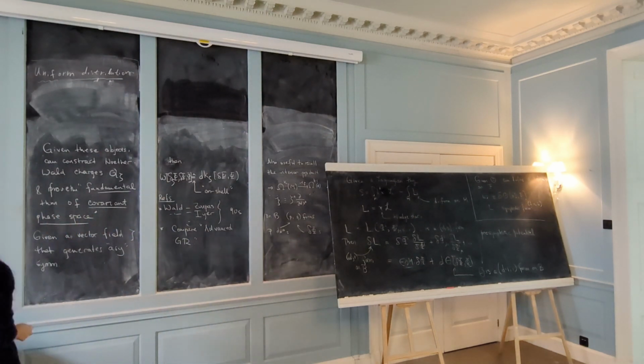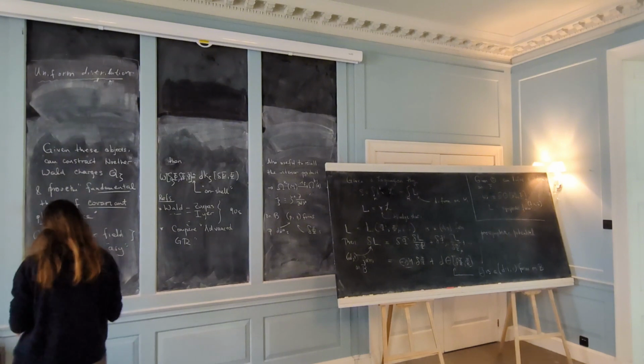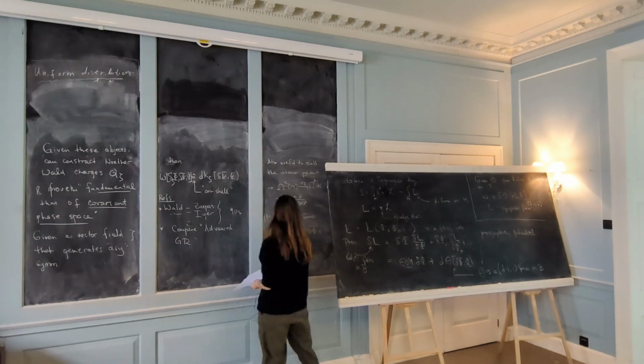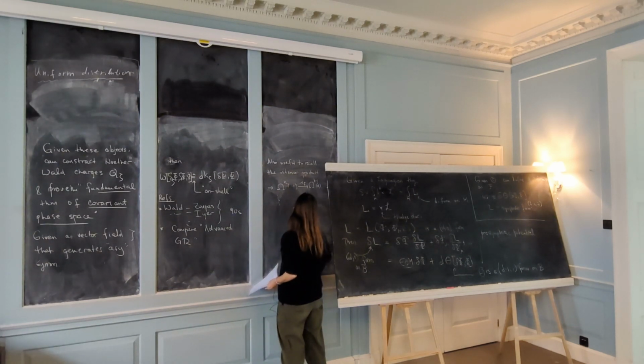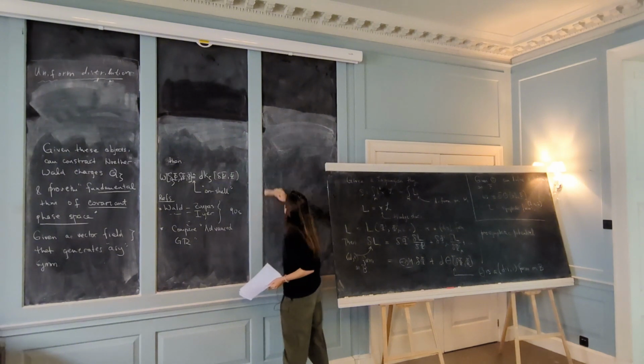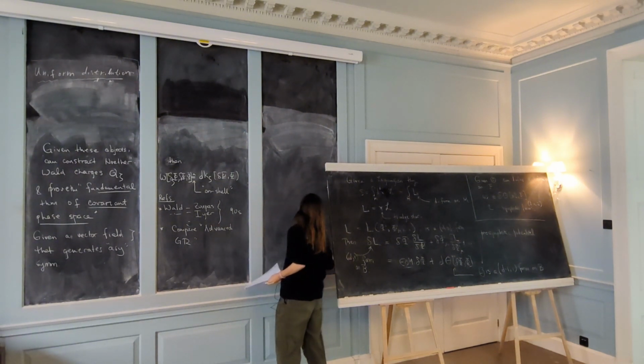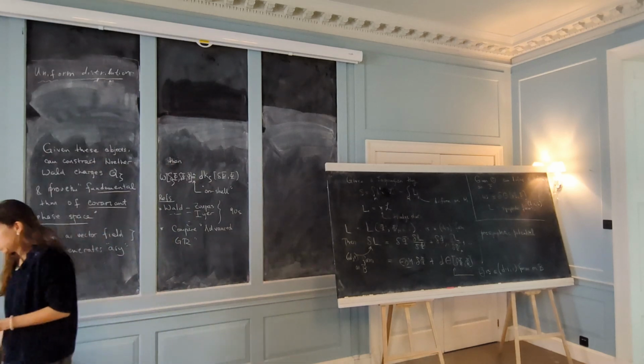Okay, so you can read about this there, but let me just sketch what we will need to write down the charges in a theory of gravity, associated with vector fields generating asymptotic symmetries.